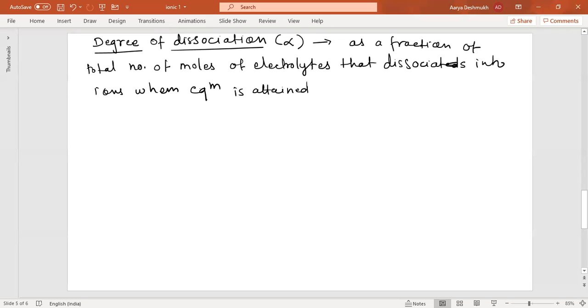So whatever the fraction of the total electrolyte that dissociates into its ions is called the degree of dissociation, which is denoted by alpha.